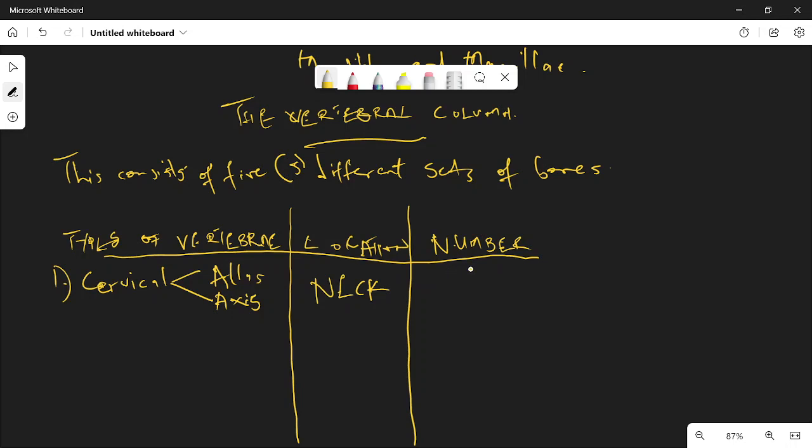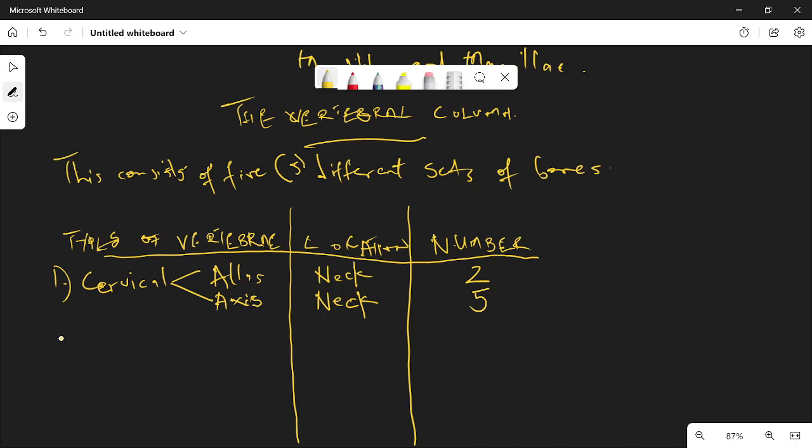The atlas is 2 in number, while the axis is 5 in number. Okay, let me do it this way so it doesn't get you confused. So this one is 2, while this one is 5.